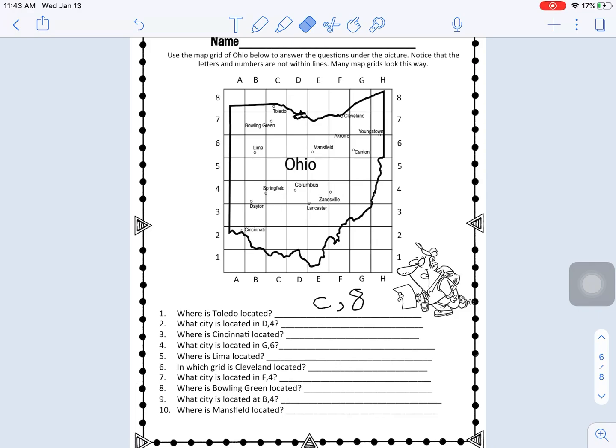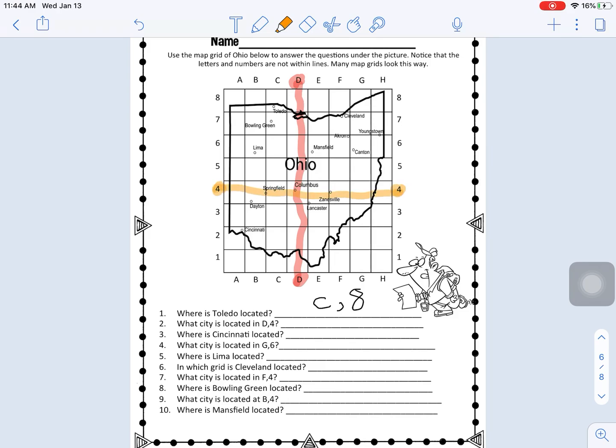Let's do number 2. What city is located in D4? Pause the video if you need more time to look. Let's go over this together. We know that it's D. I can connect my lines here, and it's also 4.